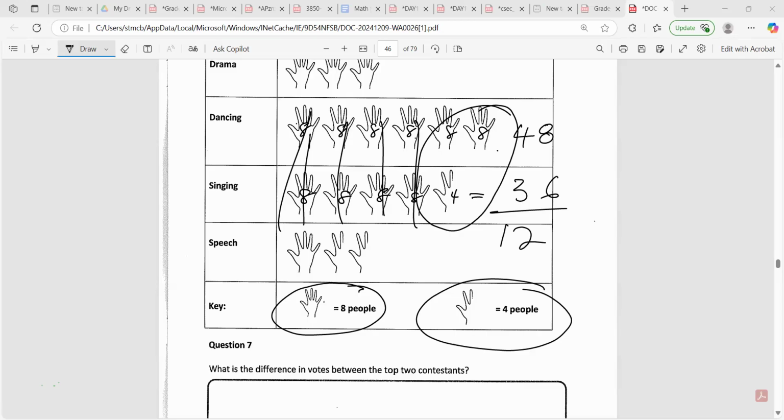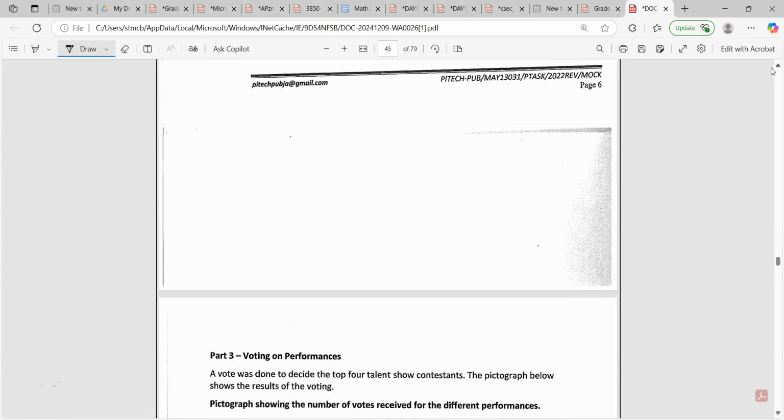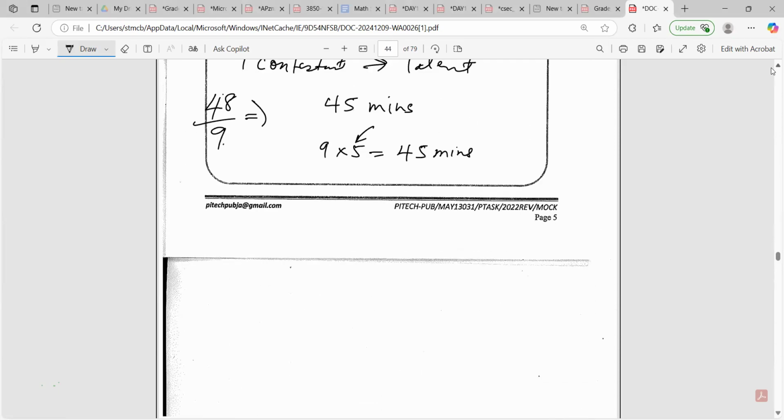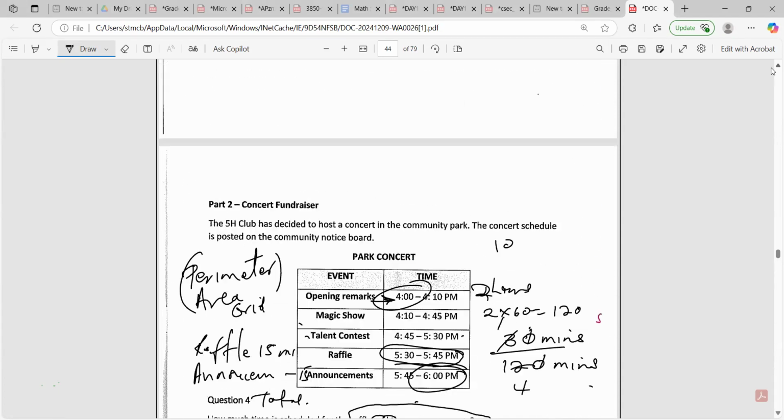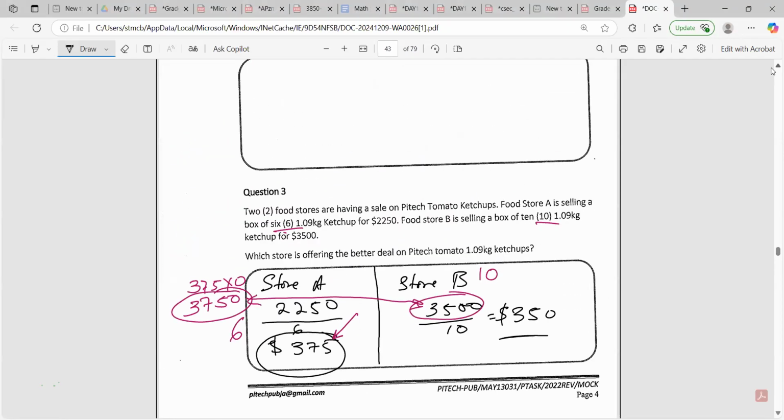Excuse me, sir. I just want to say something. One last thing. For number three, the answer I got was store B, but what I did was not what you did. I divided the 120, which is the cost for the ketchup, by 10, and I got 12, and I multiplied the 3,500 by the 12 and got 42,000.